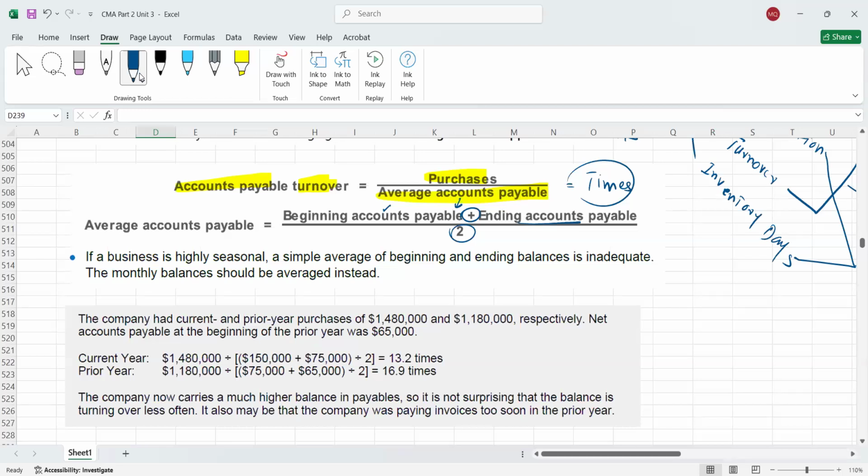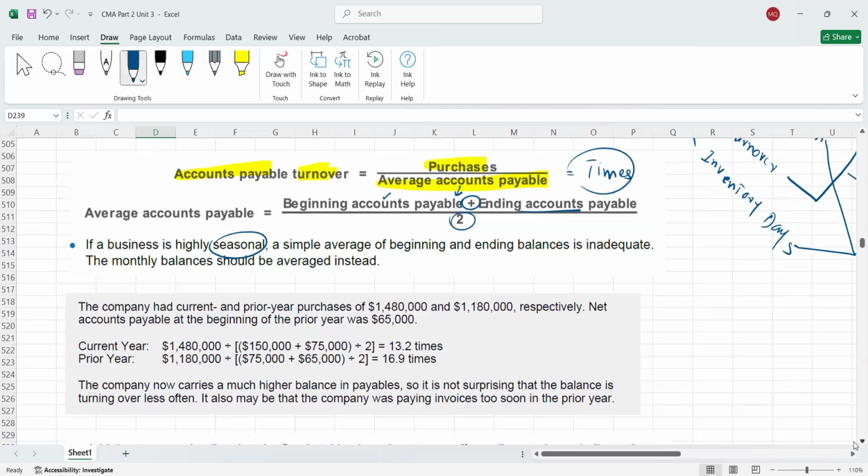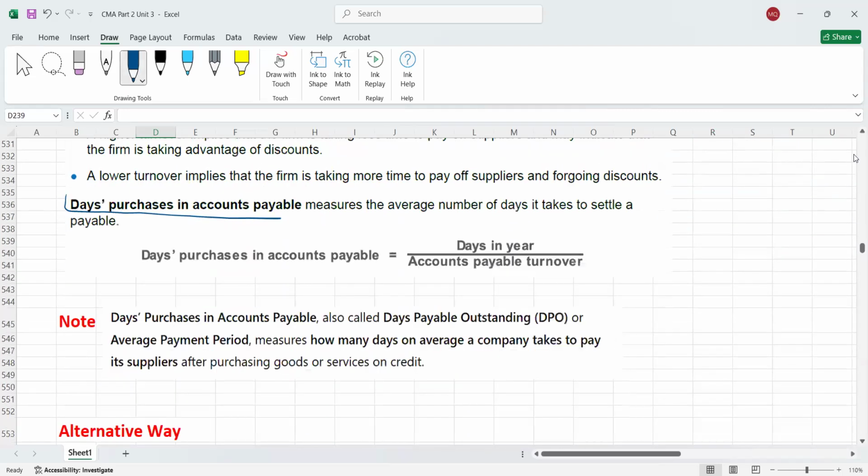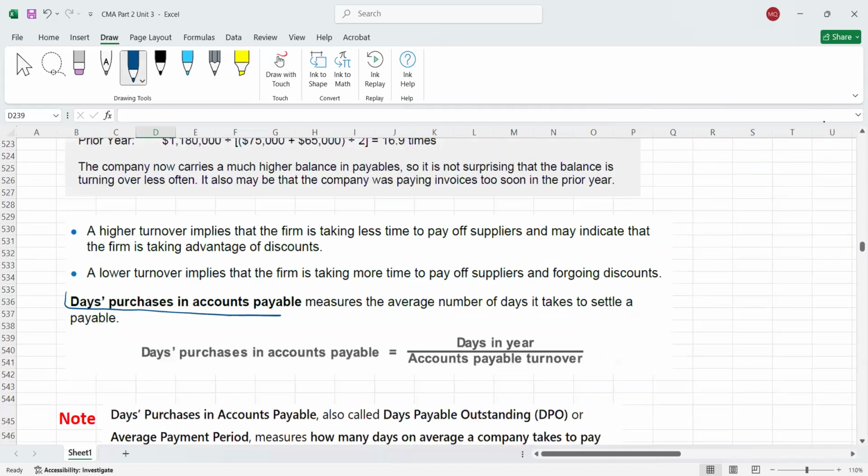Okay, guys. And now again, same thing. If business is seasonal, so monthly average you can also calculate, and I have already told you how you would do it. Now, guys, this is what is accounts payable turnover ratio, and here is the interpretation. Just remember, it is calculated as purchases figure divided by average accounts payable.